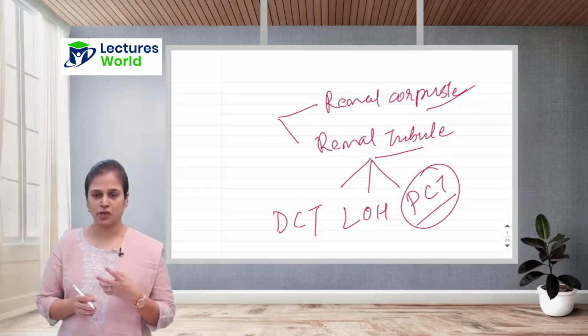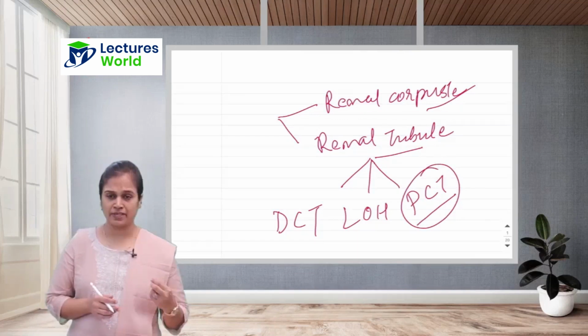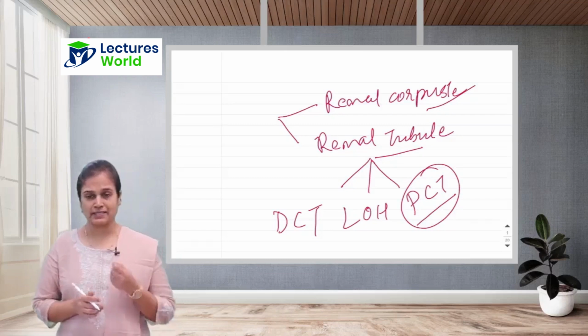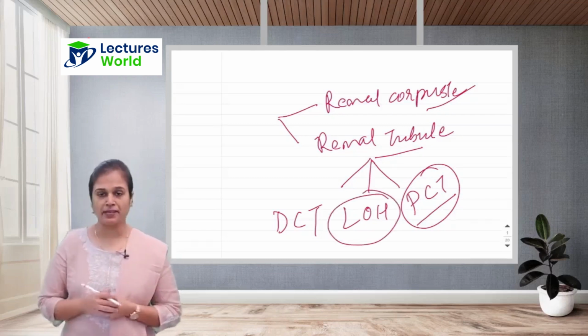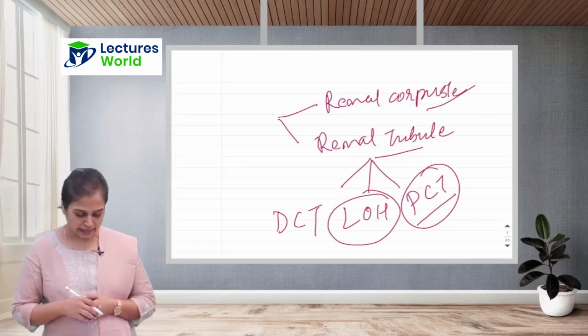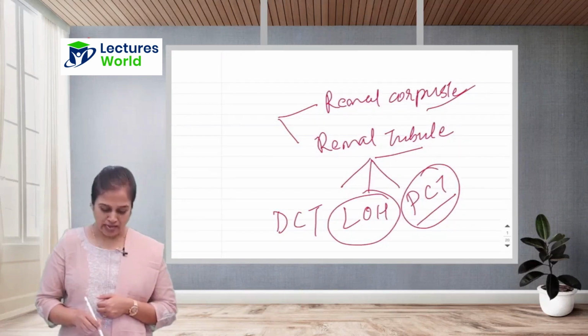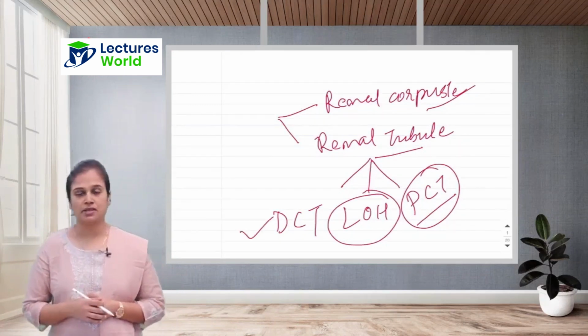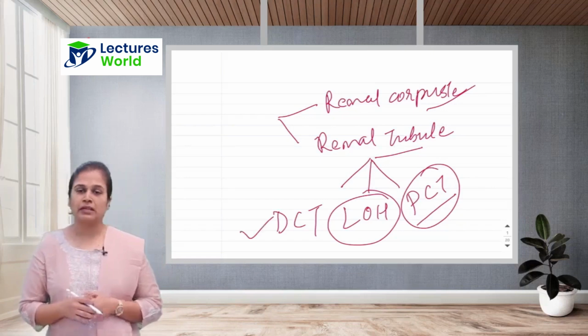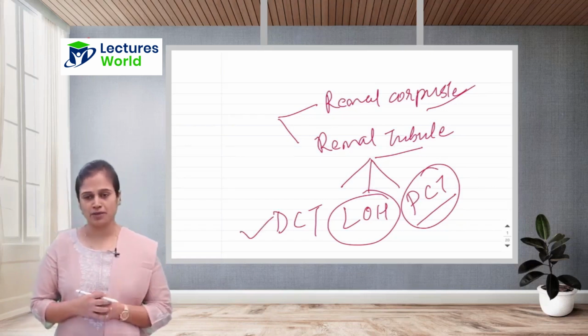This tubule gradually descends and becomes very thin, and it is called the loop of Henle or the nephron loop. And this nephron loop then becomes wider and converts into the distal convoluted tubule. So this is about the anatomy of the kidney.